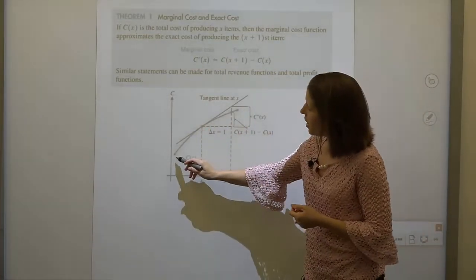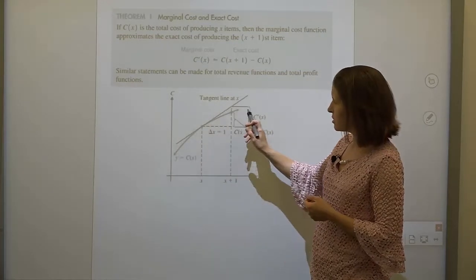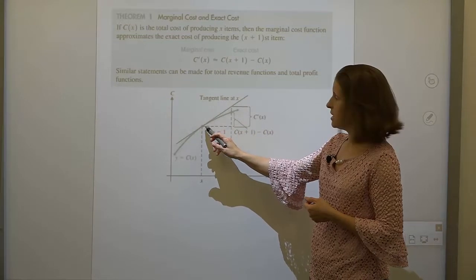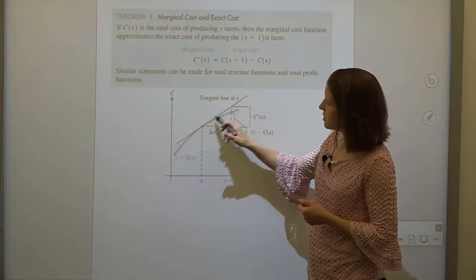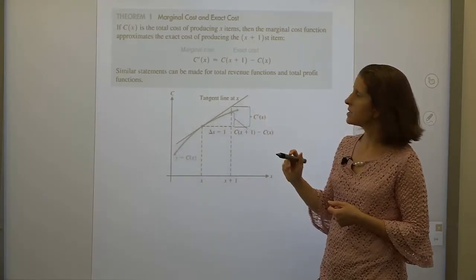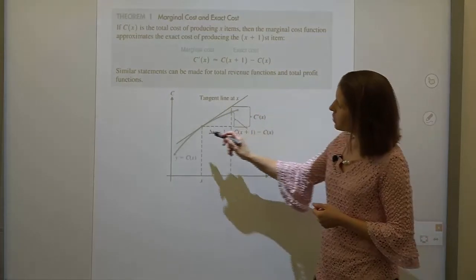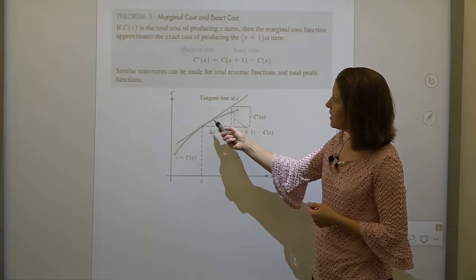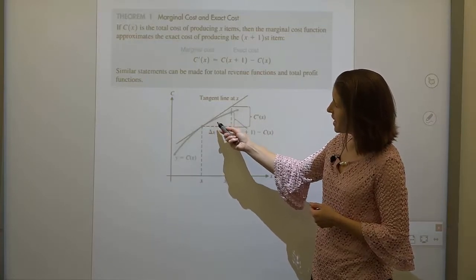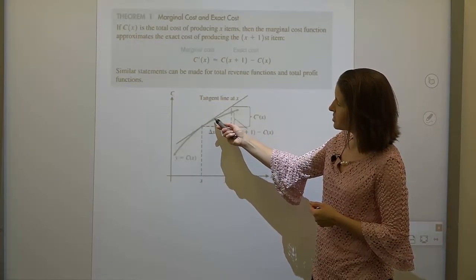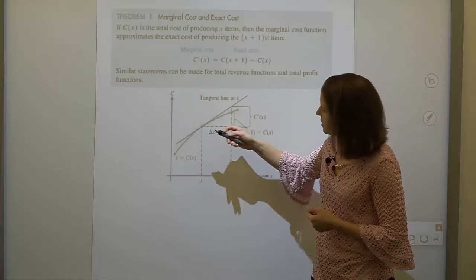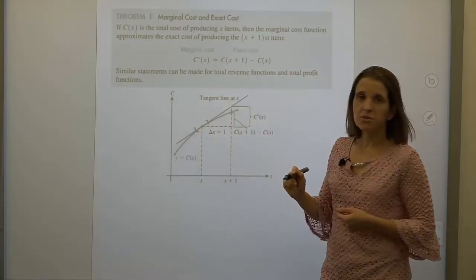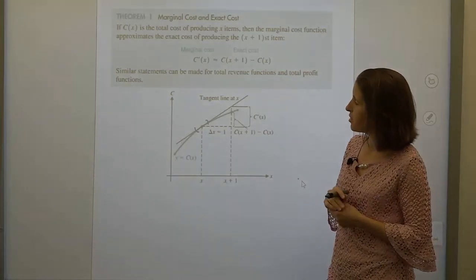So if this is our curve, the cost function, and this is the point of tangency, that tangent line shares that point and rides alongside it. When we're very, very close to that point of tangency, it's very hard to even tell the tangent line from the curve itself. Like in this little area here, they almost run together. You can barely even tell them apart.